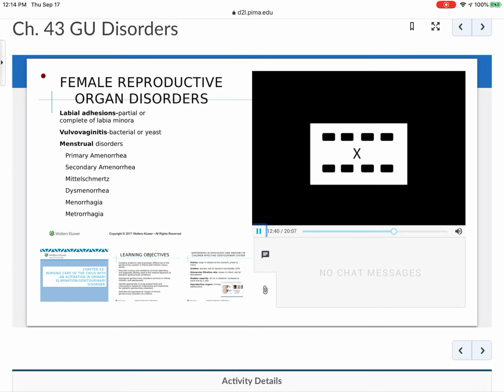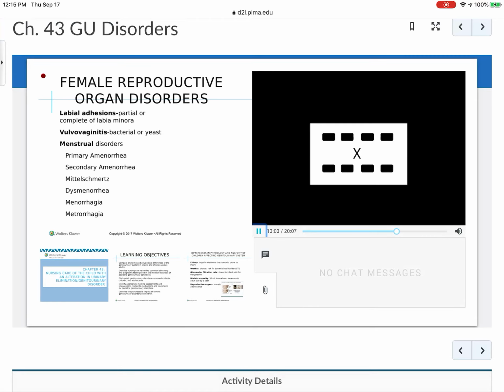We can see primary amenorrhea, which is they don't start their period within 2 years of reaching that. They talk about the Tanner stage, but reaching that development stage. You can have secondary where they've had their period and then stop for a while. And the most common cause of that would be pregnancy.